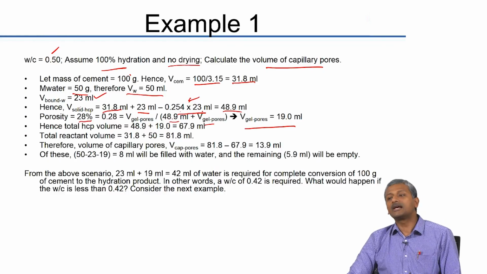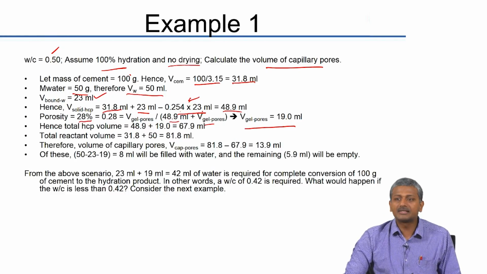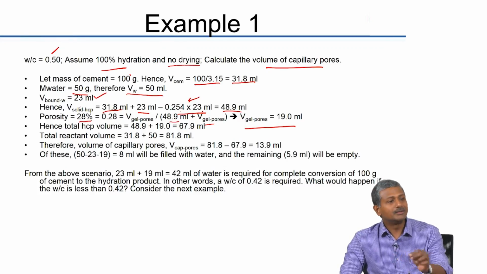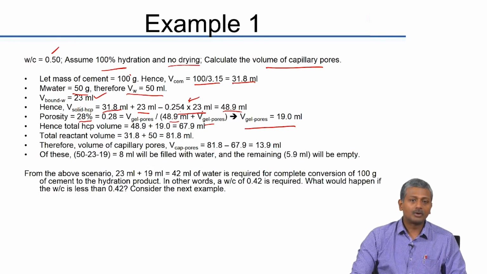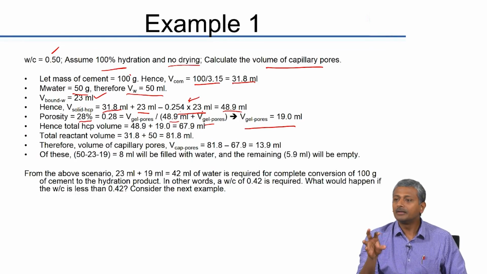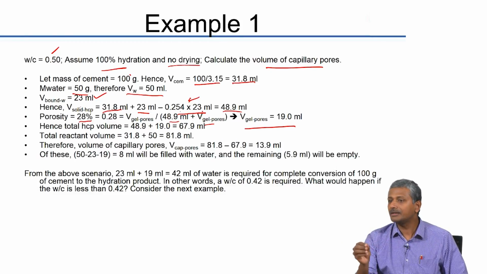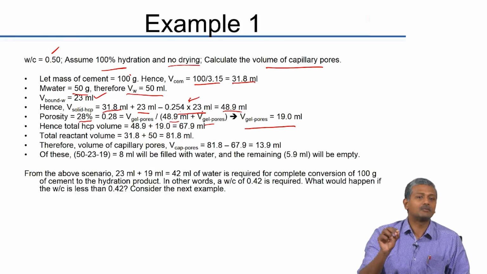Now one important aspect that you need to understand here is that 19 milliliters is now the additional volume of water that is absolutely required in the system for obtaining a 100% hydrated cement paste. Only if this 19 ml of extra water is present will my hydrated cement paste be composed of a properly hydrated CSH and all the pores filled inside with water.